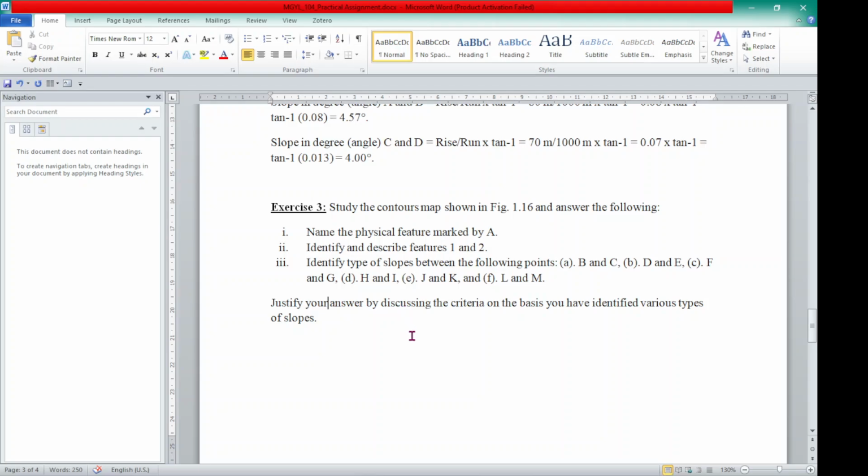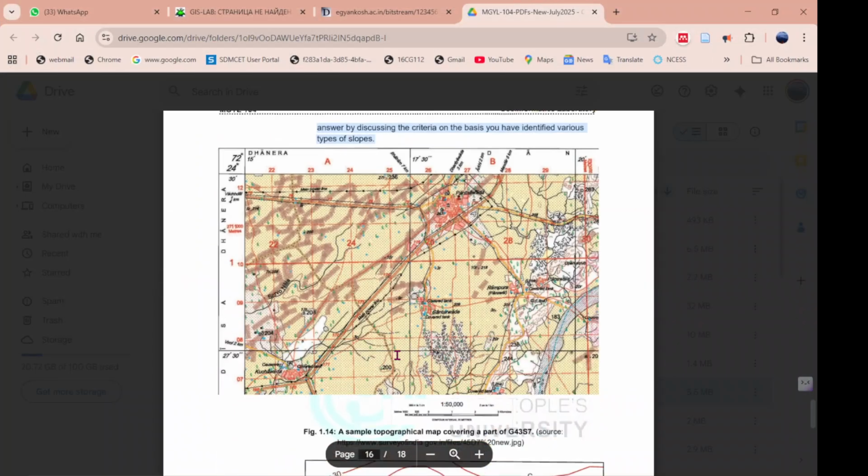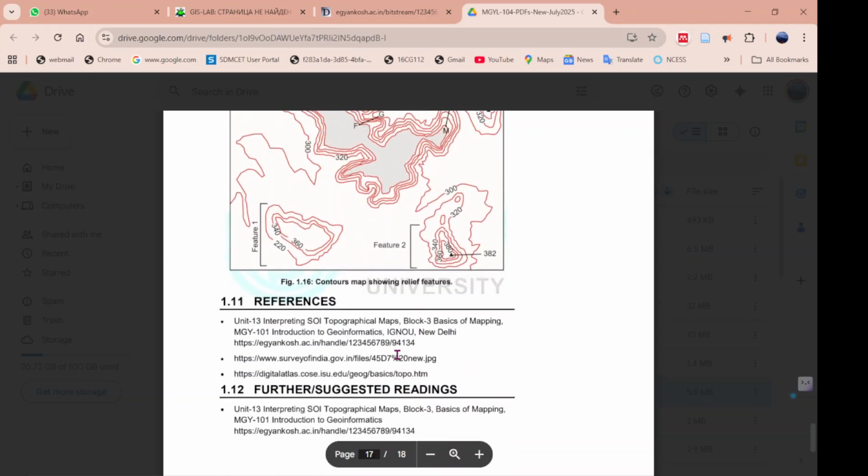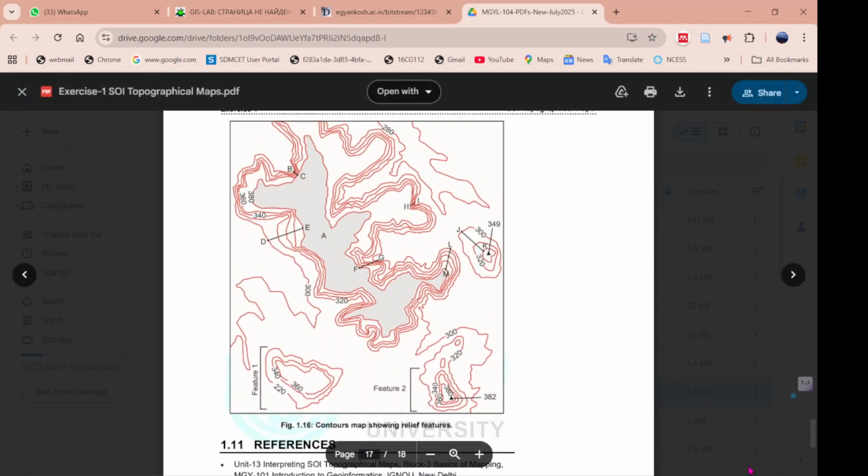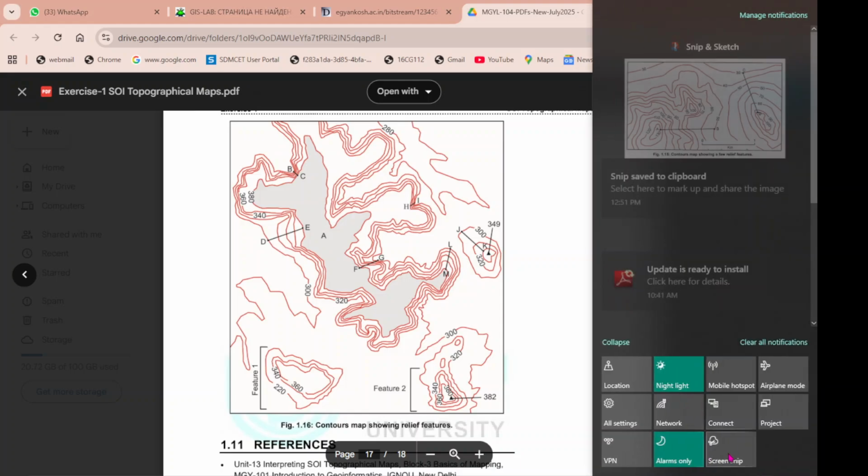Okay, so first we have to bring that particular figure over here. So this is the figure. Let me take a screenshot of this.